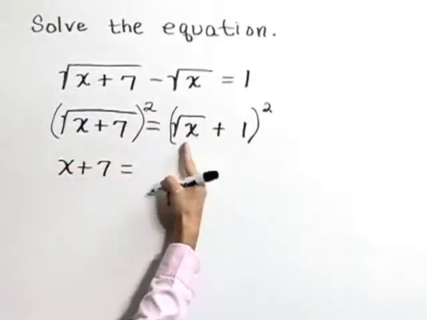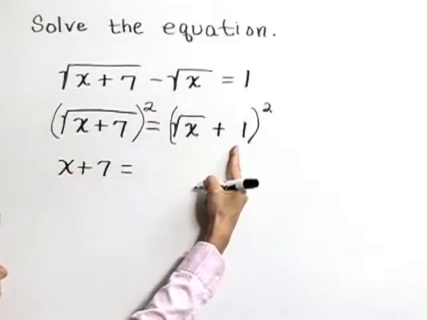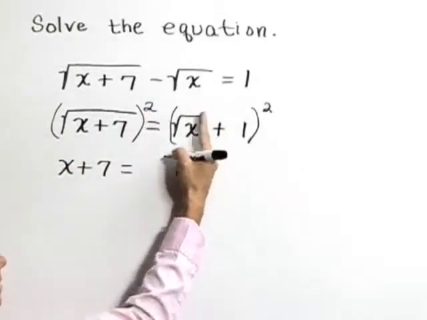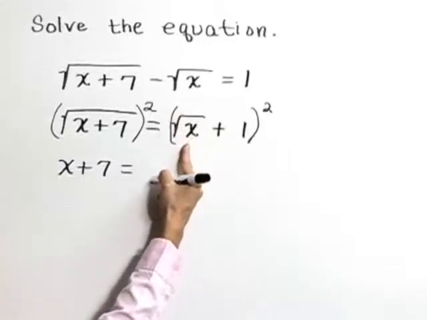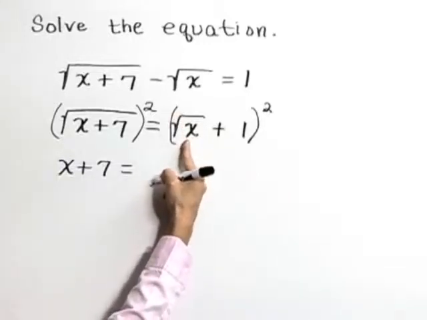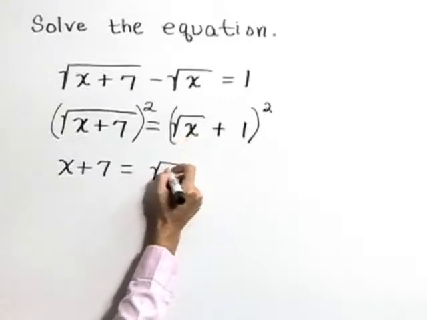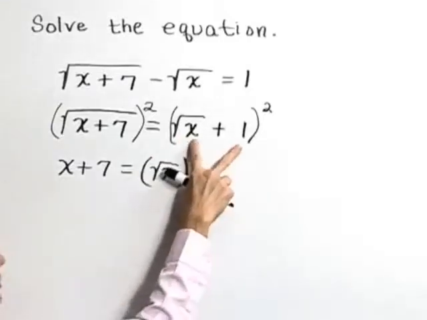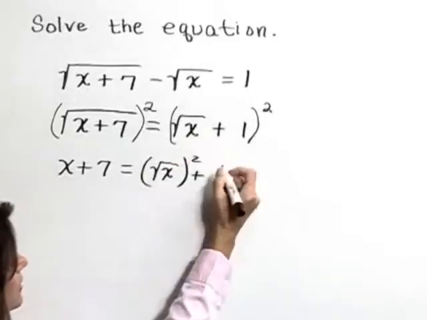On the right-hand side, don't forget to FOIL this out. We have a binomial squared. That's going to take the form of our first term squared, the square root of x, quantity squared, plus 2 times the product of our terms.